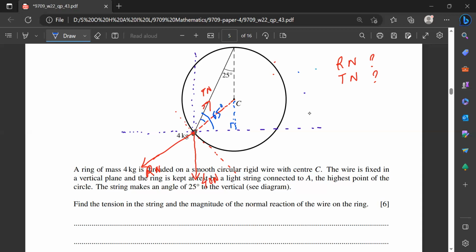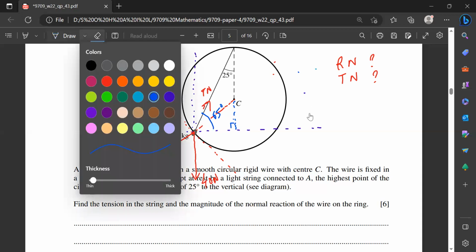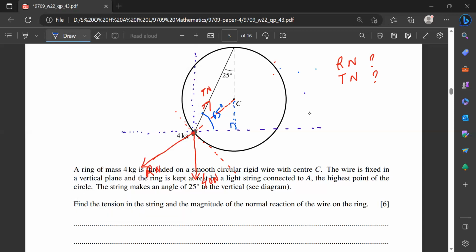And further, this angle is 25 degrees because of the isosceles triangle. As a result, this angle is coming as 40. If this angle is 40, this angle must be 40, vertically opposite angles, because we extended this line towards C.